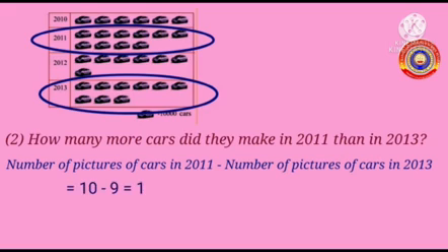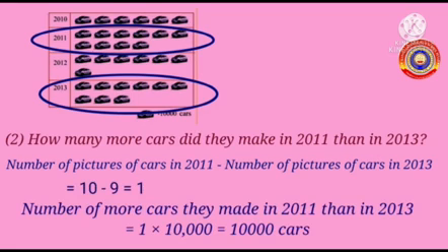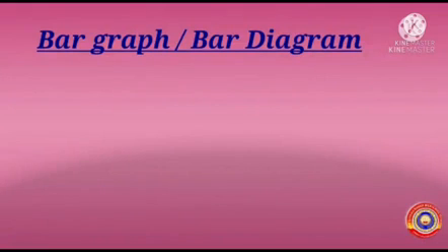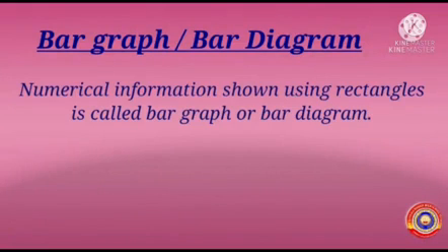That is equal to 10 minus 9 equals 1. So we can say that the number of more cars they made in 2011 than in 2013 equals 1 into 10,000, which is equal to 10,000 cars. Did you understand?